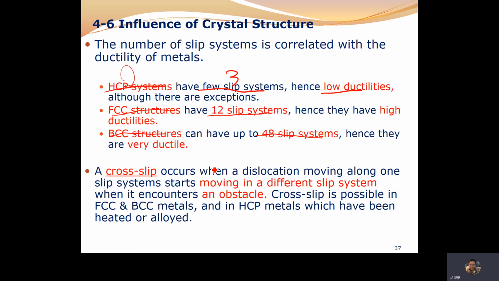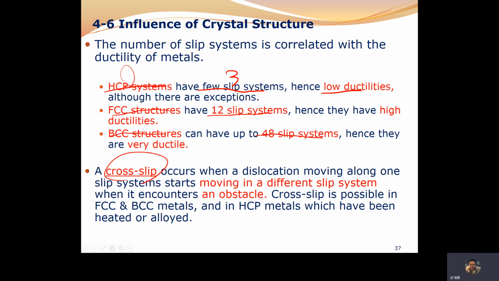In the cross slip, it occurs when a dislocation moving along a slip system starts moving in a different slip system when it encounters an obstacle, that's a barrier. That's why I mentioned before, when this slipping process occurs, the dislocation moves, right?